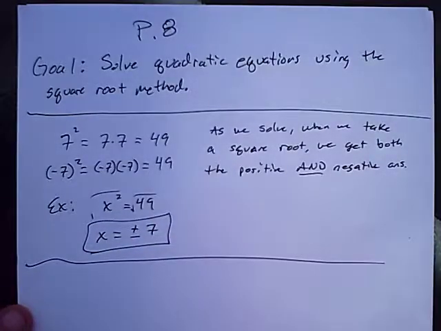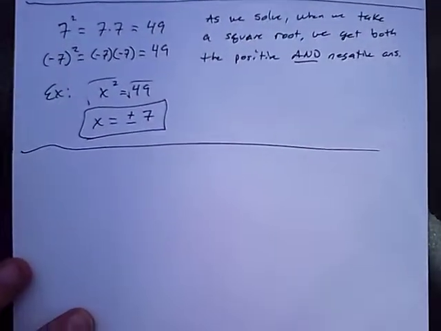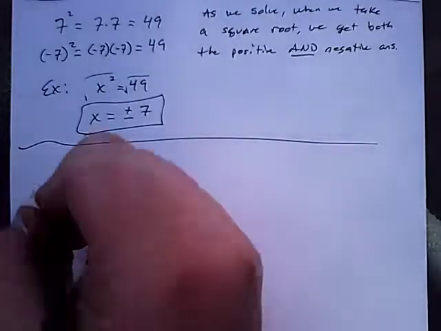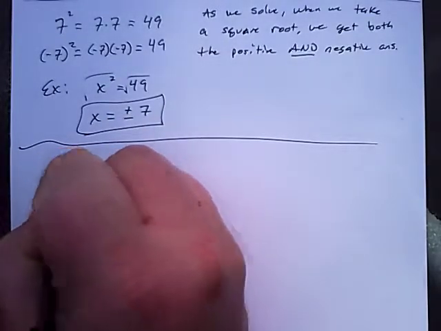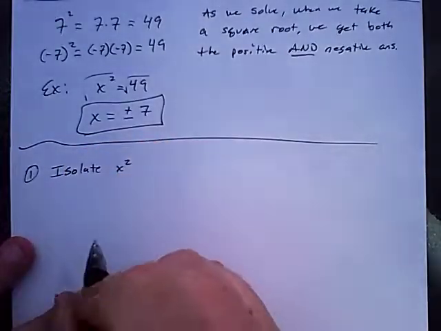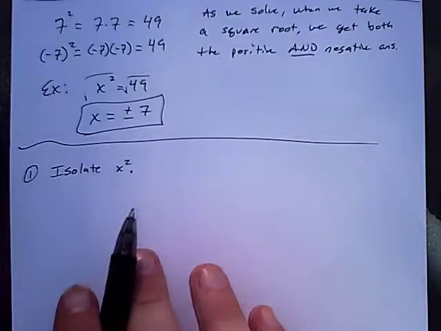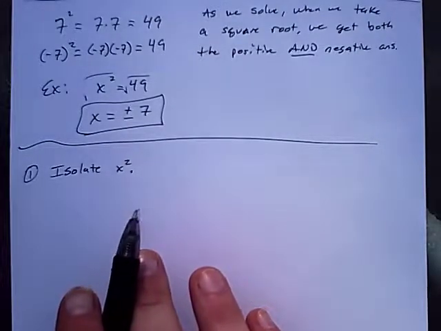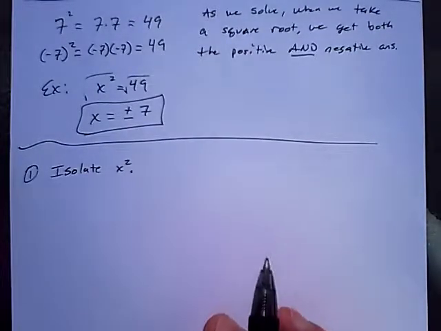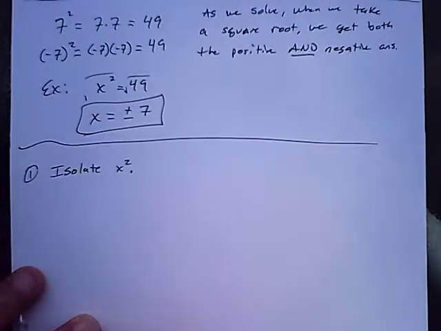So, when it comes to solving quadratic equations using the square root method, our first goal is to isolate x squared. I need to get it by itself first. Sometimes that's already going to be done for us, and sometimes we're going to have to do a little bit of work to get that.